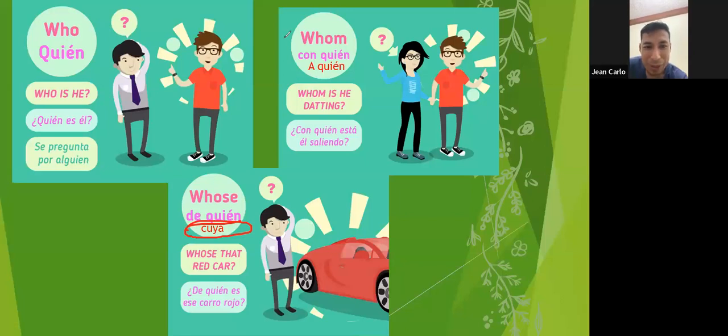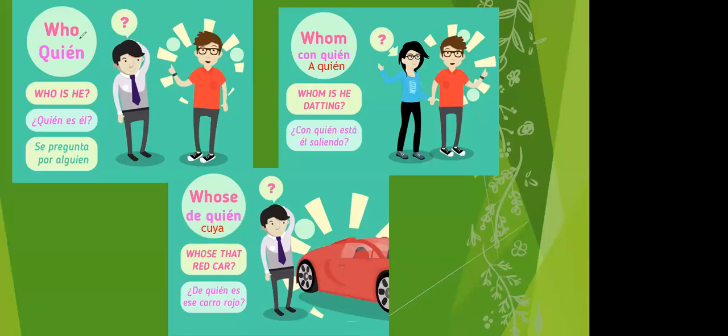Actually, not all of them, but most of them can be used in questions and in affirmative sentences. For example, if you say, the man who I told you, that is not a question. I'm using it to connect, in the middle of two ideas that are connected, in an affirmative sentence, not necessarily in a question.